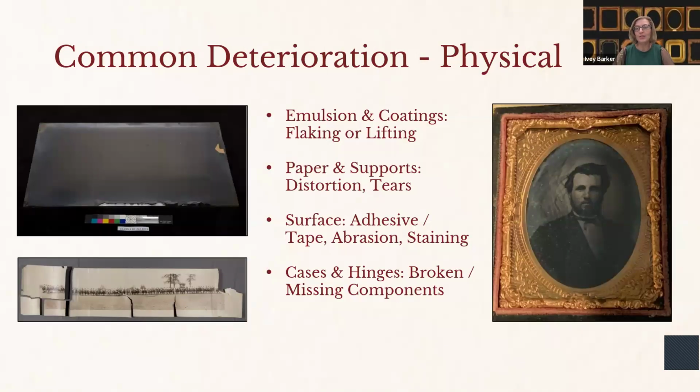So common deteriorations that you might come across in your collections that fall into the physical category are flaking or lifting of the emulsions or coatings, tears and distortions or separation of the paper supports or mounted board supports, adhesive tape, abrasion, which is scratches, and staining.